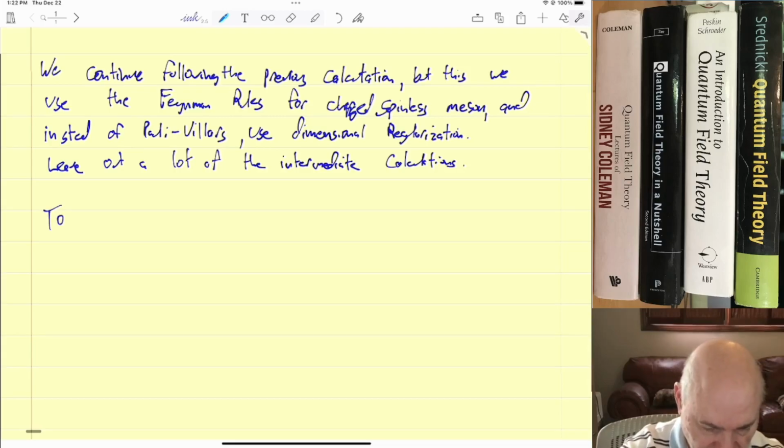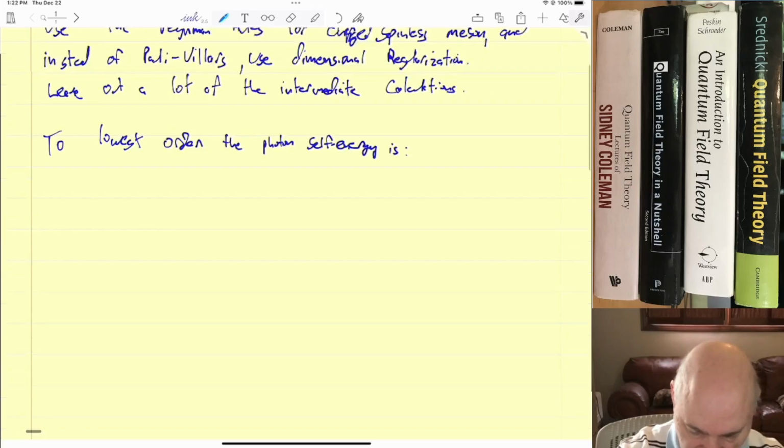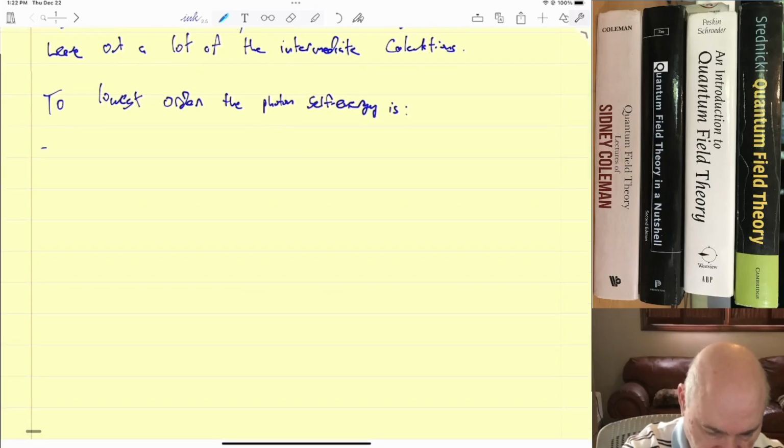So, to lowest order, the photon self-energy. Again, the notation for the most part is the same.